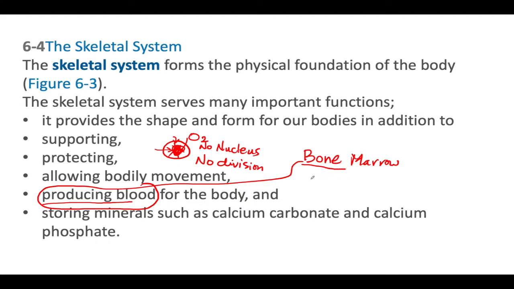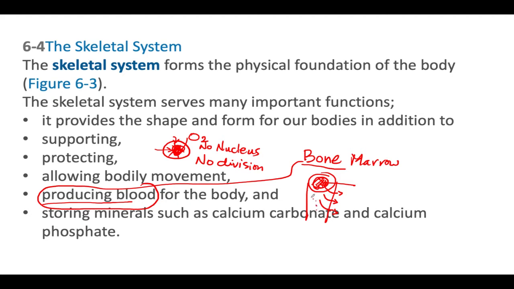Bones have these active cells. So if this is a bone, within the marrow of that bone we have living tissue. And the living tissue is the bone marrow that will then produce blood cells, and those blood cells seep out of the bones.